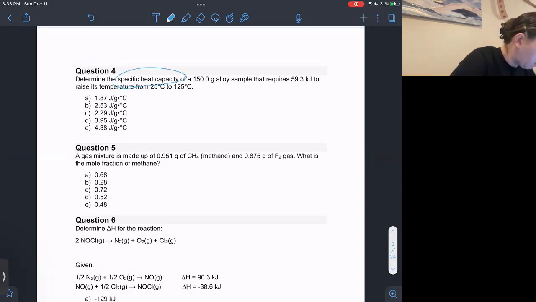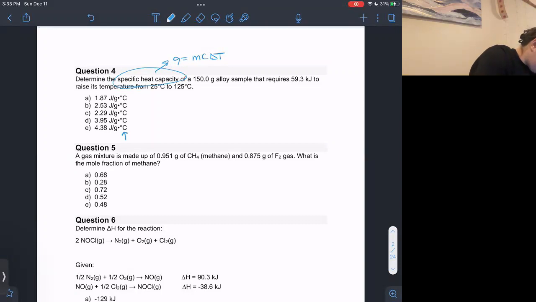So I'm going to assume that's the only one that I use. And when I see specific heat, I automatically think Q is equal to MC delta T. So I see that my units are given to me in Celsius, so I'm not going to change my temperature. And then I can use grams, and I'll probably have to change it to joules out of the kilojoules, but we can do it at the very end.